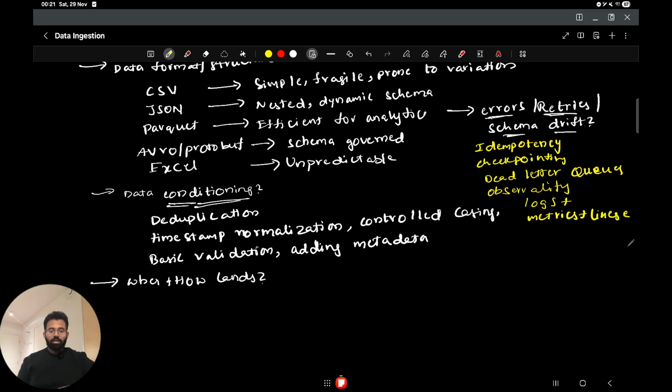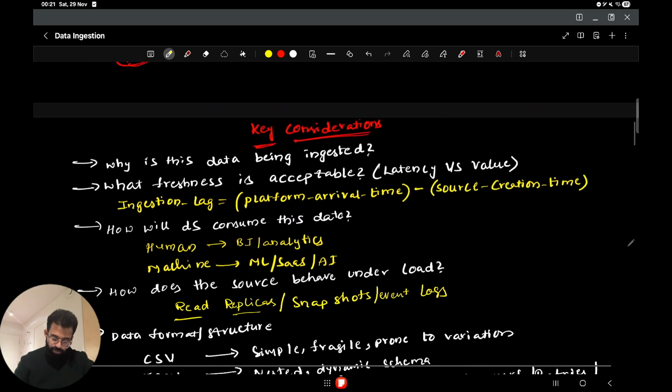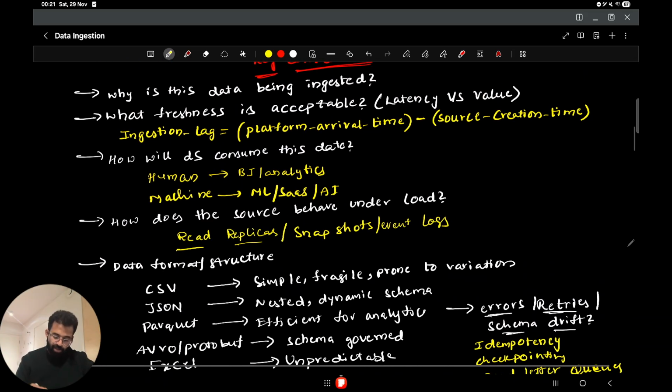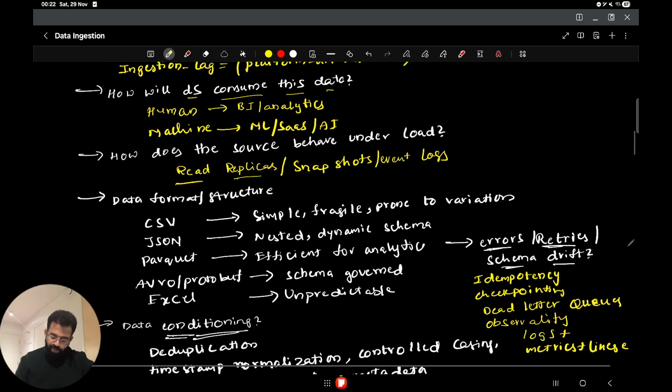So these are some of the most important things we need to consider. We need to consider why this data is being ingested, what freshness is acceptable, how the downstream systems will consume this data, and how the source behaves under load.